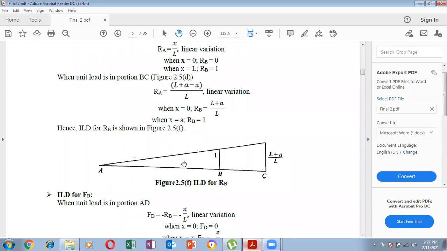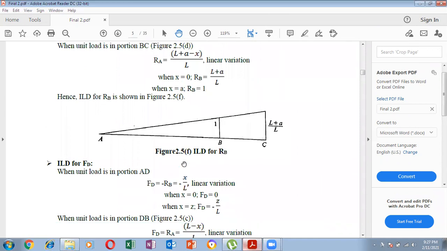ILD for FD when the unit load is in portion AD, which is previous to the section of interest. We can take the shear force as the summation of the vertical forces, using either the right hand side or left hand side. If we take the right hand side, FD, the shear force, is equal to minus RB.